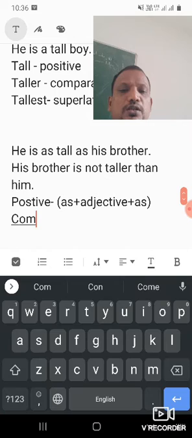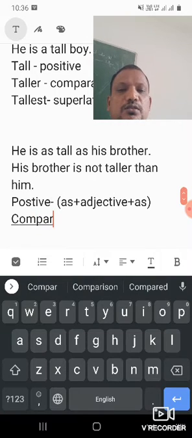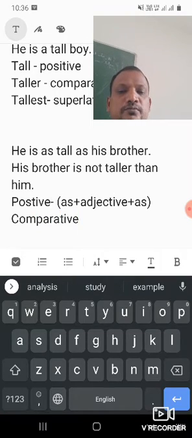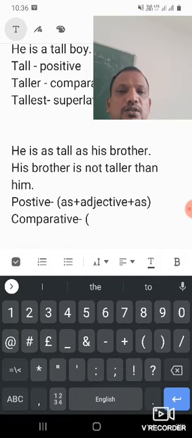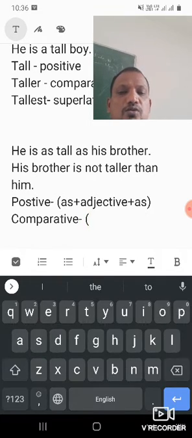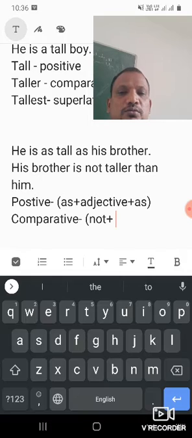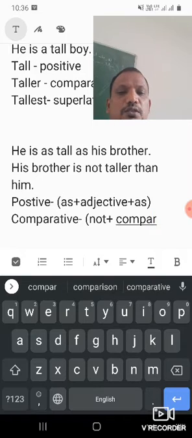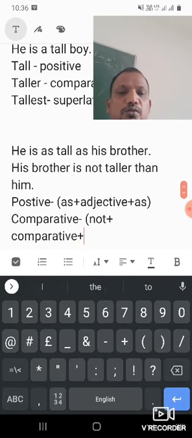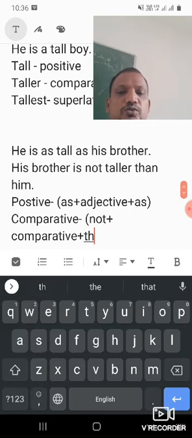In the comparative degree we have the structure: not, comparative form of the adjective, and then than.